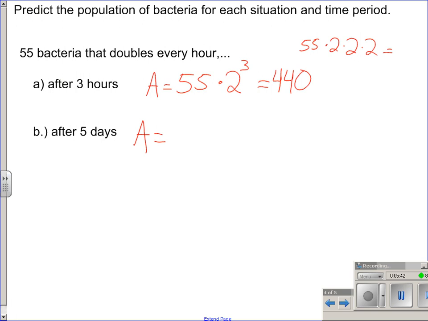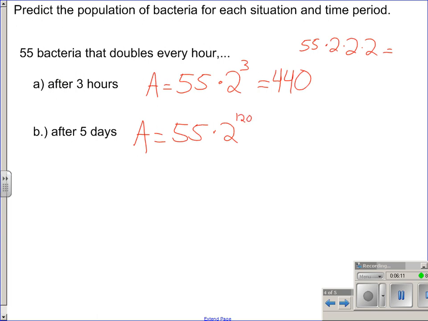Same idea for after 5 days. How much is there? If we started with 55 and we are doubling it every hour after 5 days, okay? I did type all this stuff up at 2 a.m., so that might be a mistake, but let's just go with it. After 5 days, well, 24 hours per day, that is going to be 120 hours.